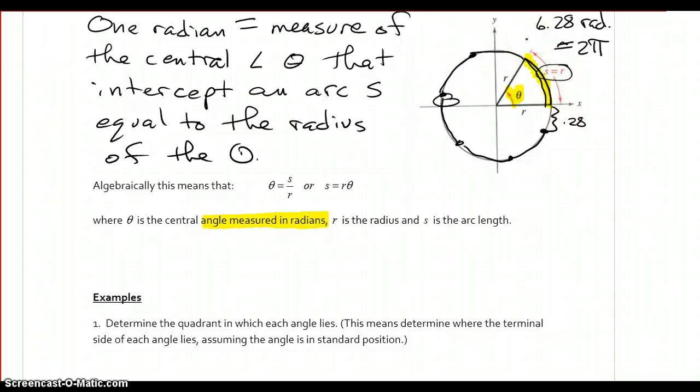Keep in mind that a full revolution, which is equal to 360 degrees, is equal to 2 pi radians, and we normally leave off the units. So if the measure of the angle is unitless, you know it's going to be radians and not degrees.